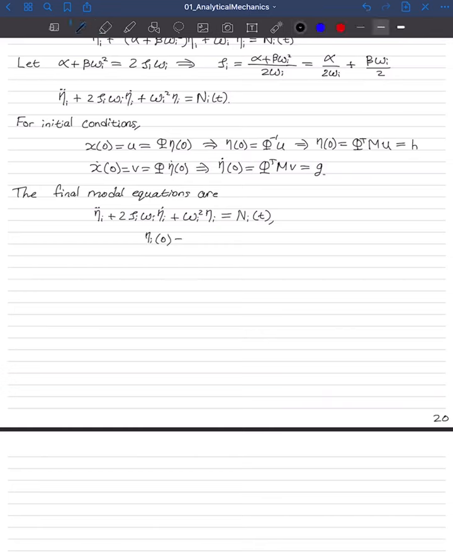Eta i of 0 is equal to h, and eta i dot of 0 is equal to g.